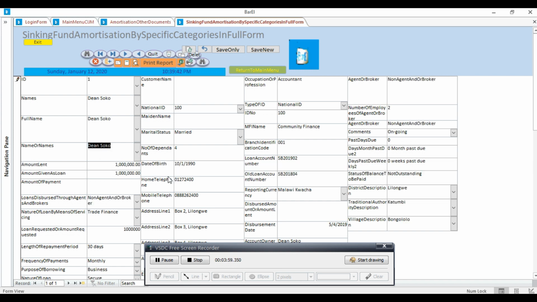Now by clicking here, we have auto-filled all the empty spaces.